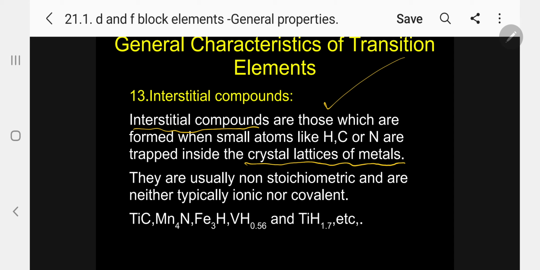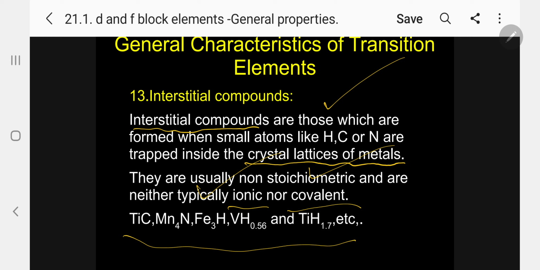We have seen, normally one atom of the smaller cation will occupy the interstitial position in between the metal atoms. That is called interstitial. We have discussed it again as a defect of solid state. Kindly recollect that one. So here, small atoms like hydrogen, carbon and nitrogen are trapped inside the crystal lattice of metals.